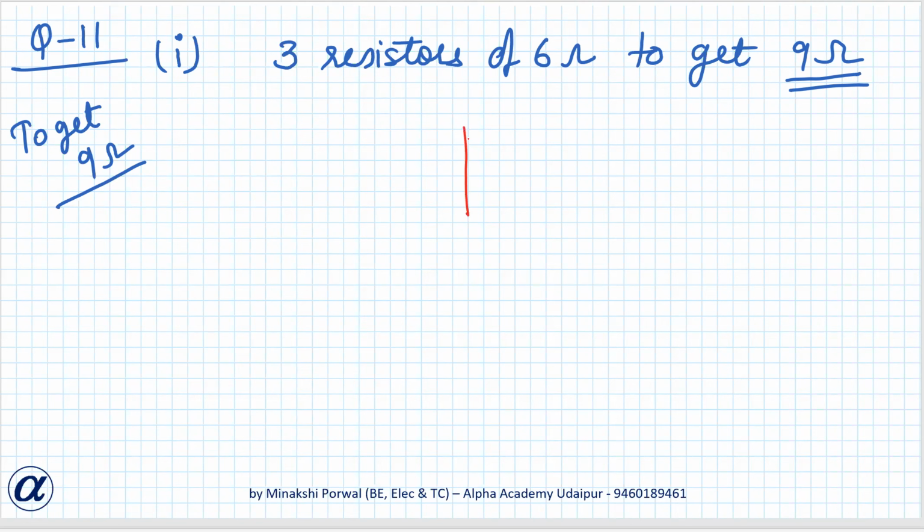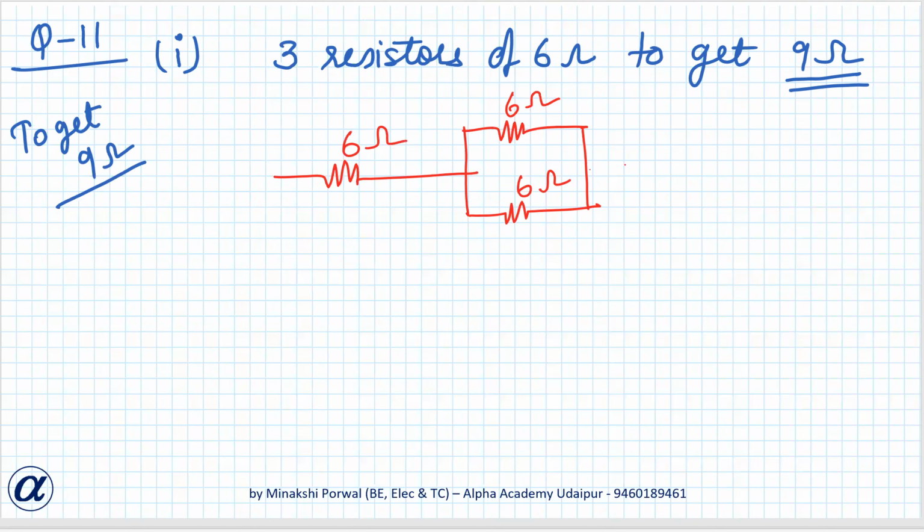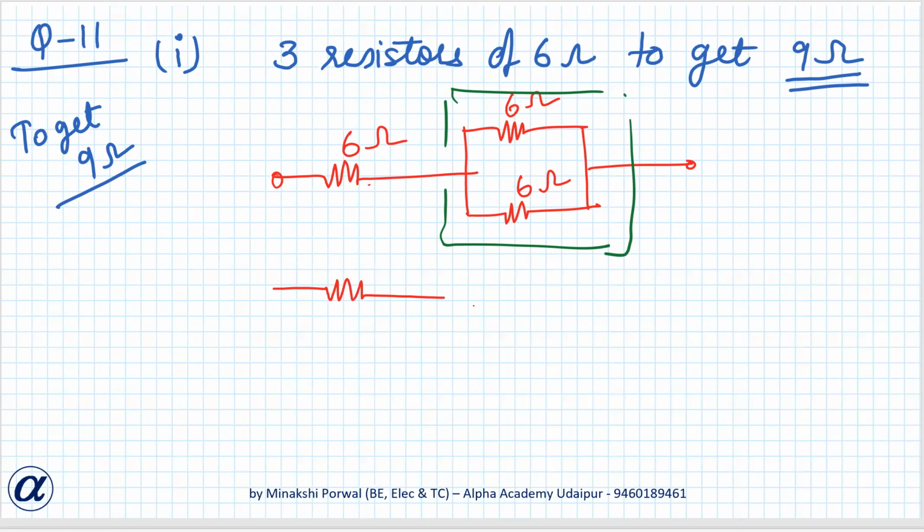Two in parallel and 1 in series. Right, good. If two 6 ohm resistances are in parallel, both being of equal value, just divide by 2, so the equivalent resistance will be 3 ohms. Then put it in series with the 6 ohm, so 6 plus 3 is 9.